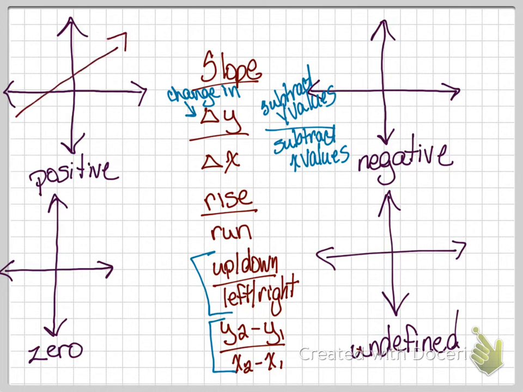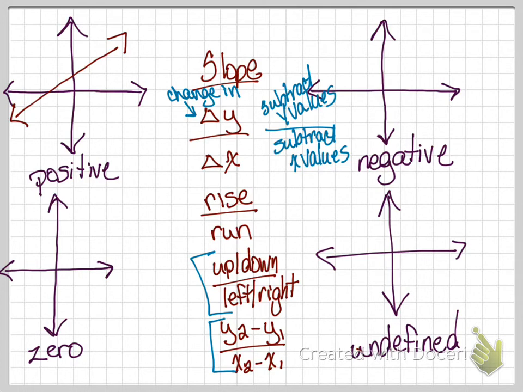Think about the stock market or a bank account. If I've got money and I get a slope that is moving in this direction, from the bottom left to the top right, I am making money. When your baby is first born and you go to the pediatrician's office, when they weigh that baby, what do you want that baby to be doing?